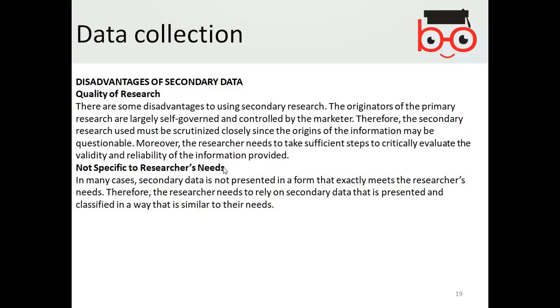Obviously, similar research on the same topic could be referred, but if the area is the same and the nature of the topic is entirely different from your topic, then the secondary data cannot be useful at all, or maybe only partially useful, but its disadvantage is that it could lead you the wrong way.